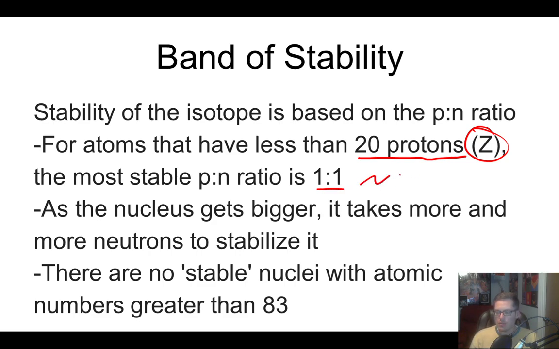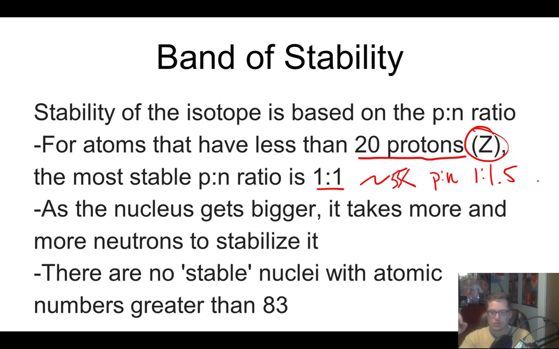When you're at atomic number about 55 or above, your stable proton to neutron ratio is about 1 to 1.5. So write that in your notes. Notice as you get bigger and bigger, you need more and more neutrons to stabilize it.